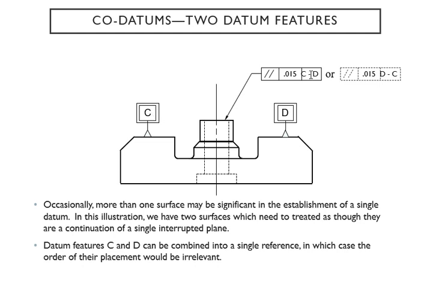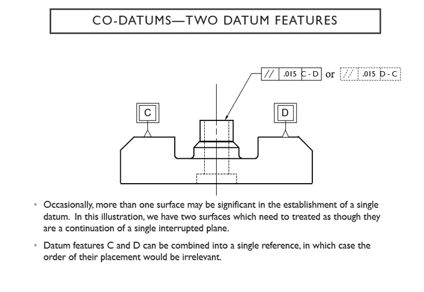So we box them together, C and D datums, and we call that co-datums. Datum features C and D can be combined into a single reference, which is right here. Symmetric features are very easy to identify for their equal importance.